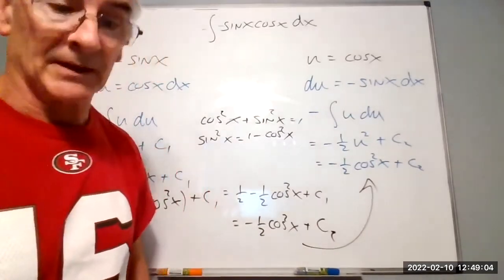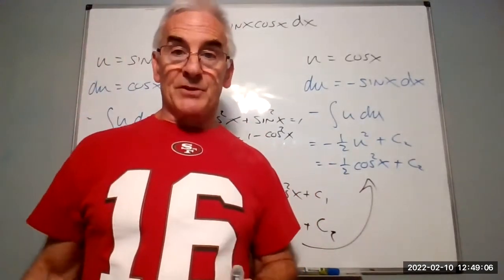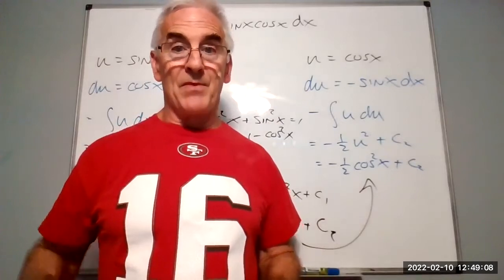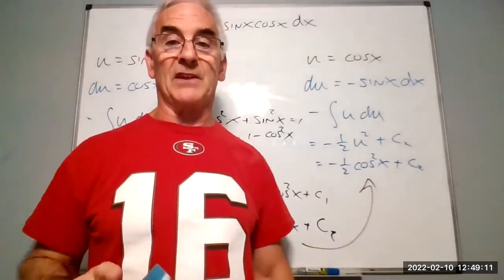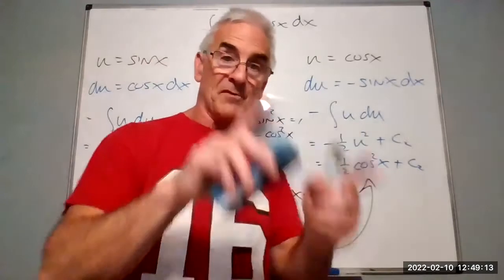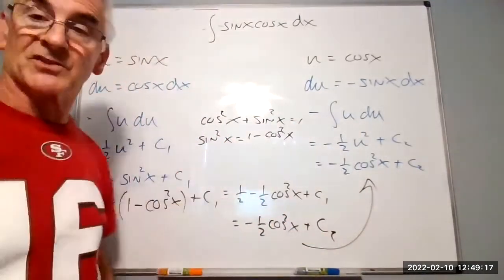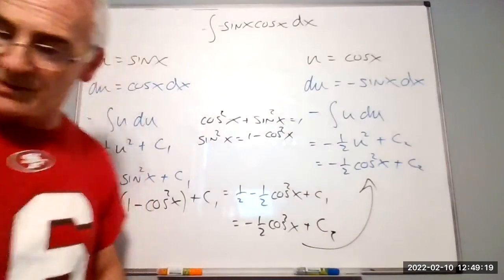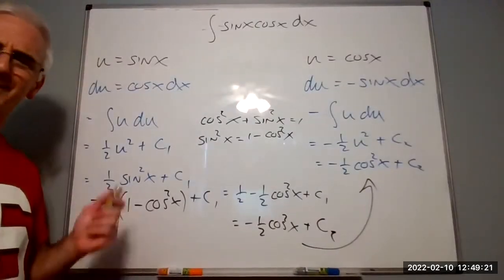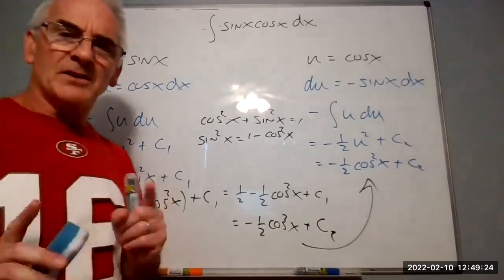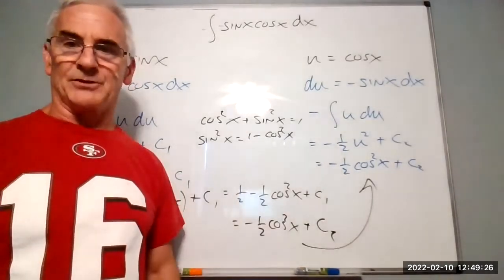So my point being, if there are options in a setup of a problem, there may be alternate versions of the answer that are truly equal, and you can get from one to the other using an appropriate substitution, such as this. Okay, so those of you who are in Calc 1 with me, you remember doing this and going, oh yeah. Do not assume you're wrong if your answer doesn't match.